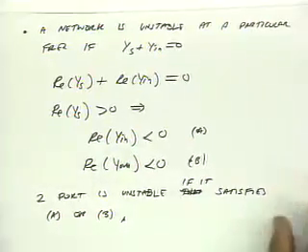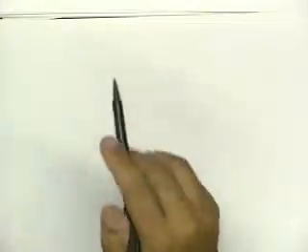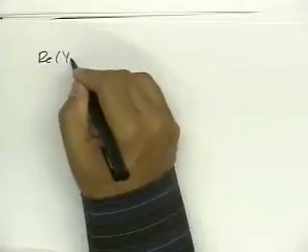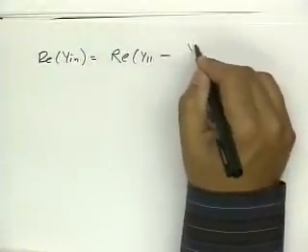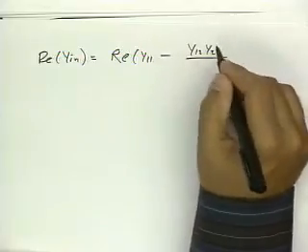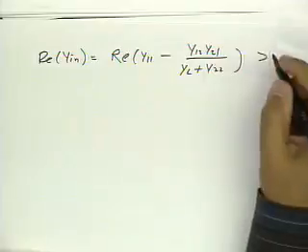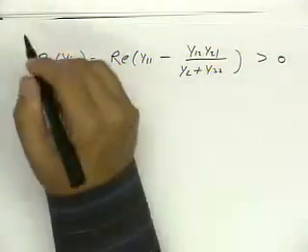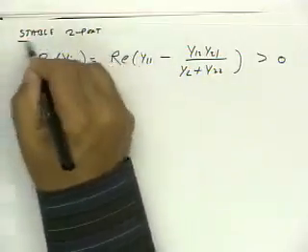So now that we have expressions for Y in and Y out, let's just plug in. So for a general two-port, the real part of Y in is the real part of Y11 minus Y12 Y21 over (YL plus Y22), and this. So now we're going to look for stability. So the opposite is true.